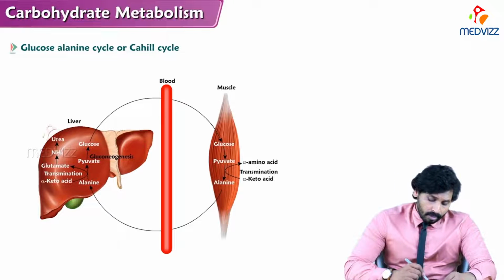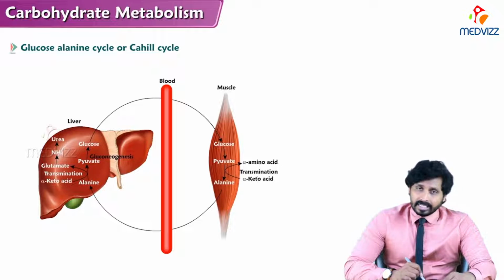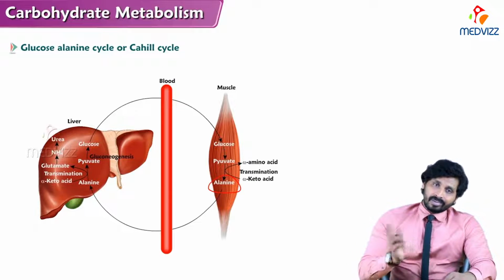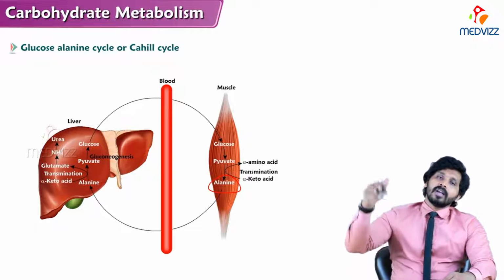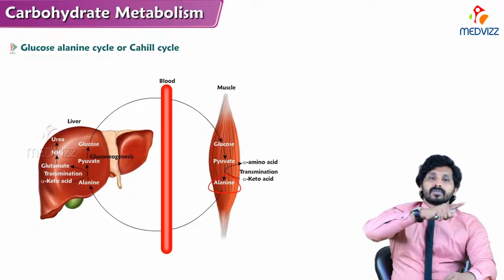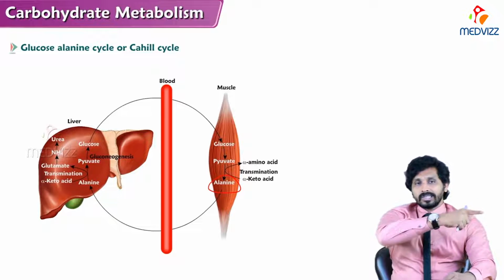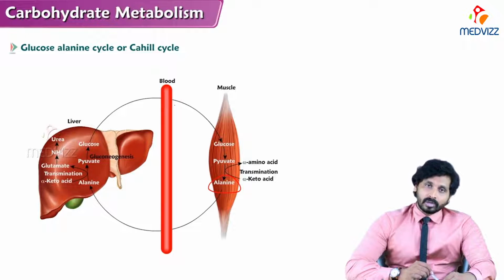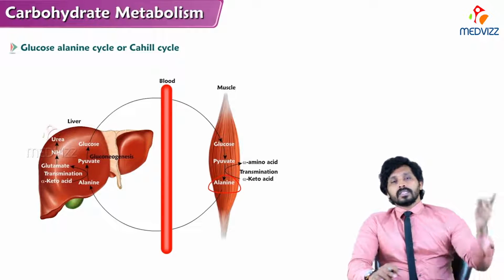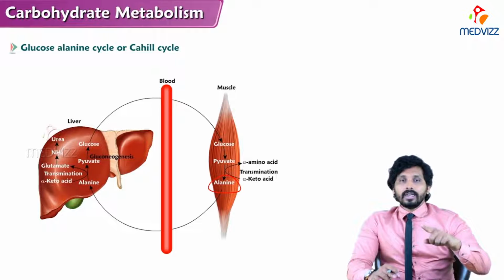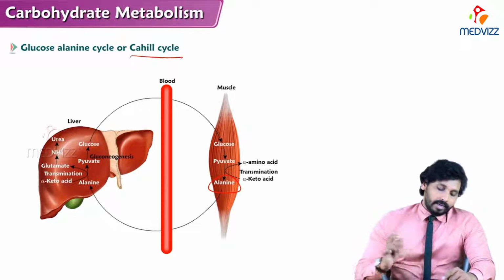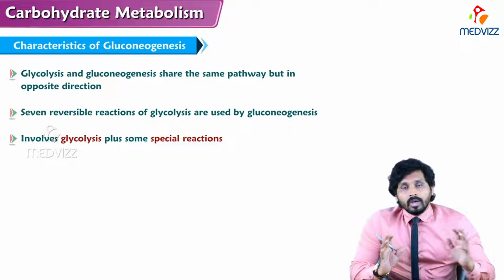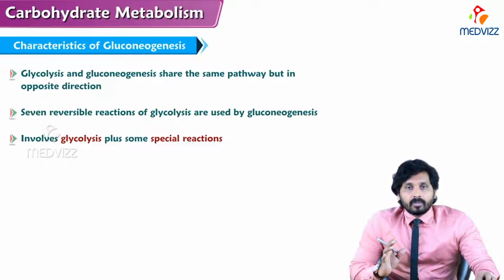When you add an amino group to pyruvate via a transamination reaction, it is converted to alanine, and this alanine will be transported to the liver, where again it will be converted to pyruvate, and this pyruvate will be converted to phosphoenolpyruvate via oxaloacetate, forming glucose, which is released back to the circulation and again to skeletal muscle. This is a cycle, known as the glucose-alanine cycle or Cahill cycle. So these are all the things from which you can make out how glucose is formed from non-carbohydrate sources.